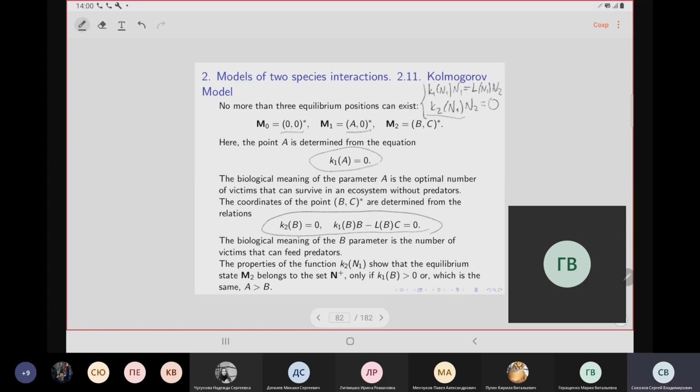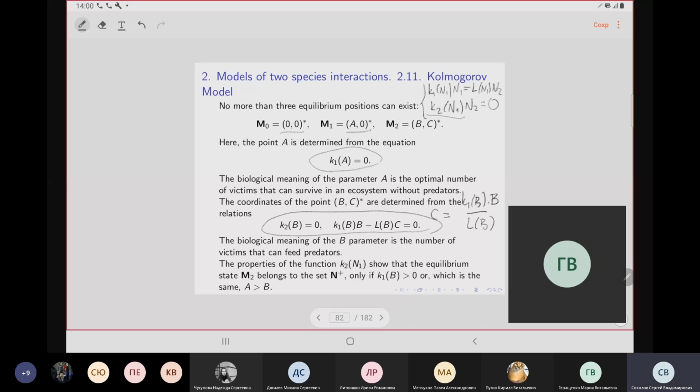Sometimes there is a question, will c be positive or negative? From these equations, c is k1 of b divided by L of b. B and L of b are both positive, and k1 of b can be positive or negative.